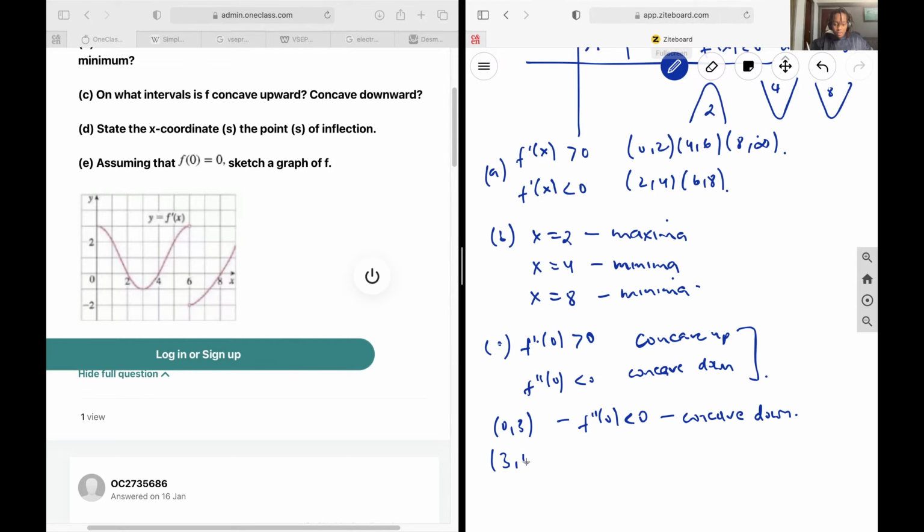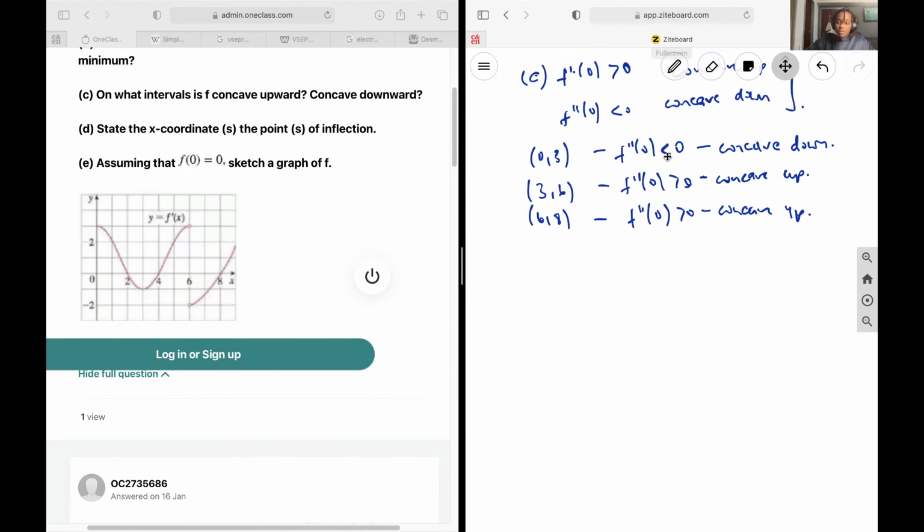From 3 to 6, we have the opposite, so the second derivative is greater than 0, which means it is concave up. And then lastly, from 6 to 8, the second derivative is greater than 0, so concave up. So those are your answers to part C.